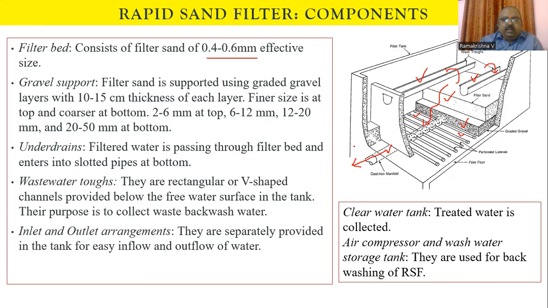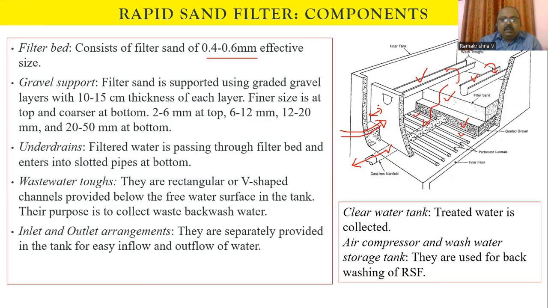Inlet and outlet arrangement. The outlet is nothing but the water collected in the manifold. Now you can see some spacing in the wall and this particular small portion. The inlet water will be entering into the small chamber. This is called the inlet chamber.